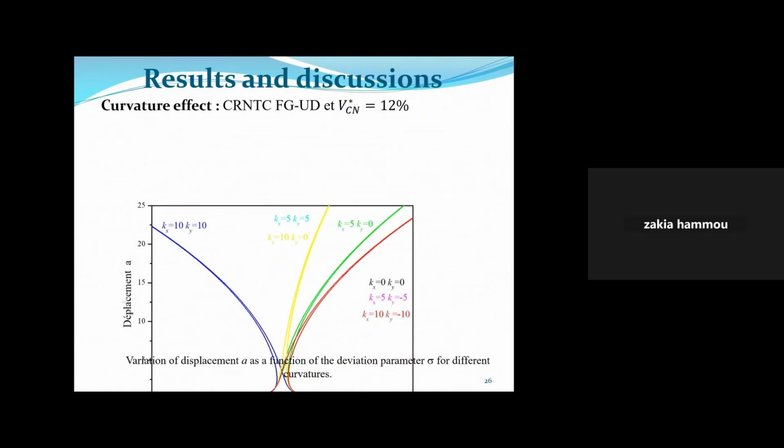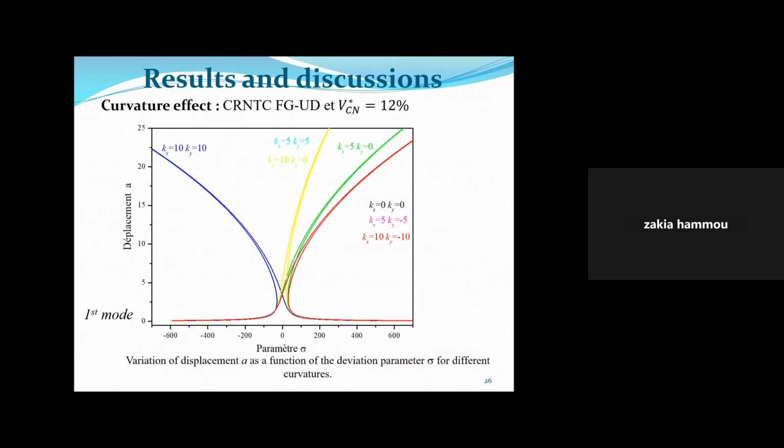The displacement as a function of sigma for the first mode is represented in this slide. We notice an increasingly stiffening behavior as we go towards the right. The curvature kx, ky equal to 10 gives a softening behavior.